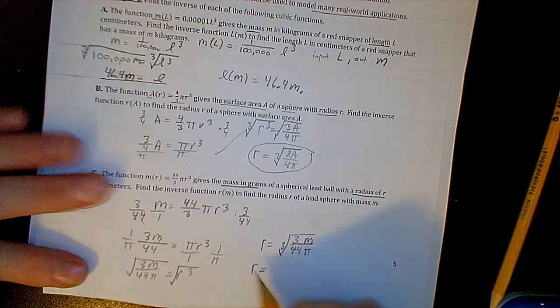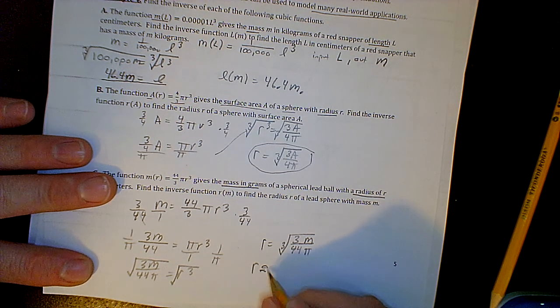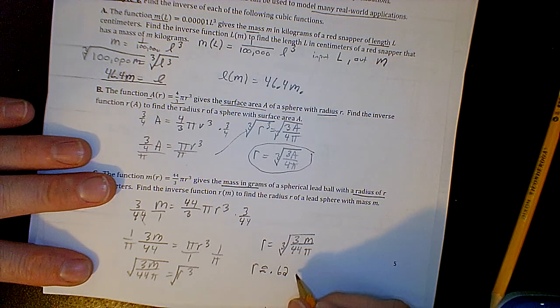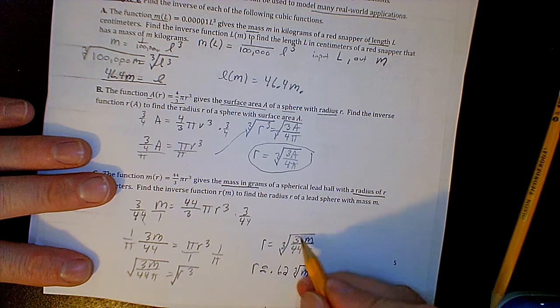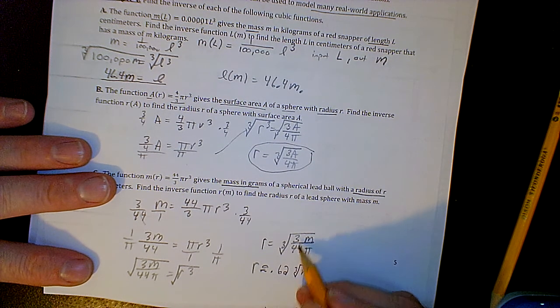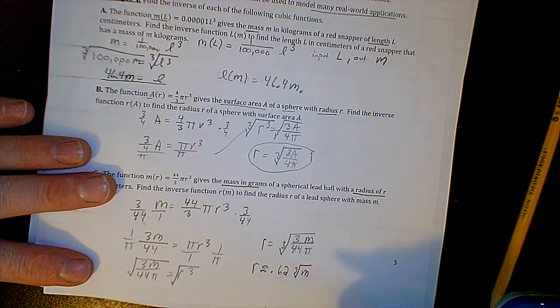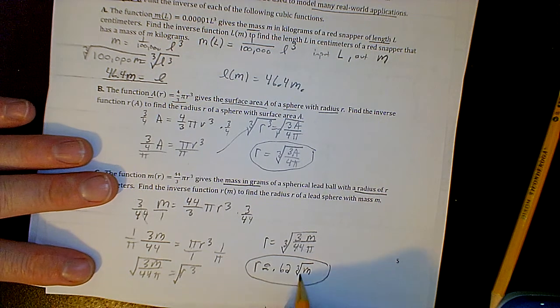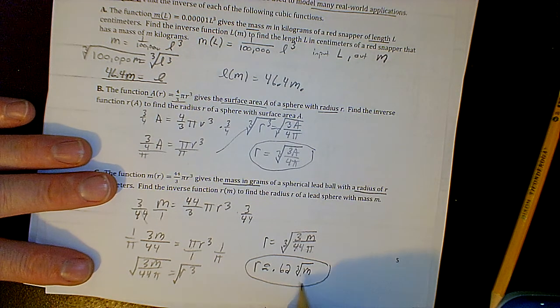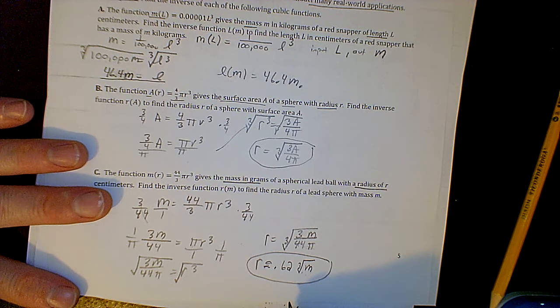You could change this into approximately 0.62. And then we could say times the cube root of m. When you plug all that in to your calculator, you get about 0.62, and then you can keep the cube root of mass, m, separately. And there it is.